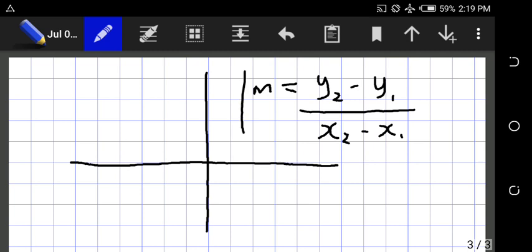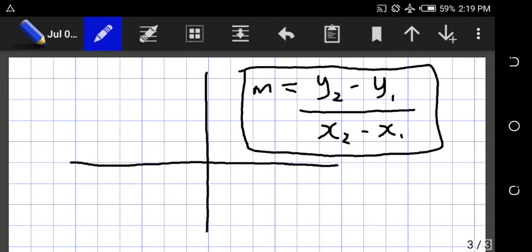This formula is what you are going to use to calculate the slope of any given straight line on a Cartesian coordinate. So what you need to do is identify your y2, y1, x2, and x1, then plug in the values in this equation, and that will give you your answer.